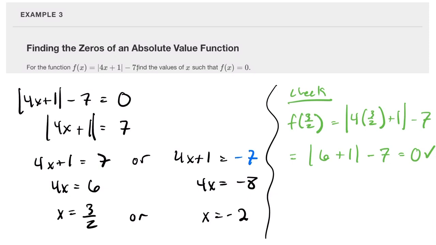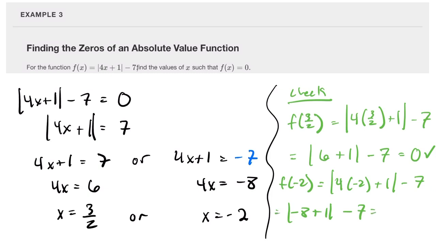And then we want to evaluate f of negative 2. It's going to be the absolute value of 4 times negative 2 plus 1, minus 7. 4 times negative 2 is negative 8. So we have the absolute value of negative 8 plus 1, minus 7. So that's the absolute value of negative 7, minus 7.